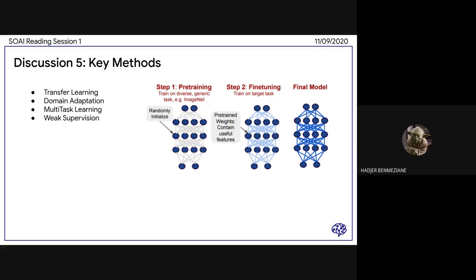For example, the example they give in the paper is that we have handwritten digits, and we want to train on the MNIST handwritten digits, but then we want to apply our model to the numbers of the houses in the streets.